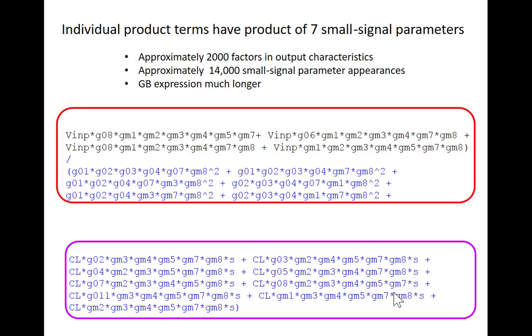The gain bandwidth product is much longer because now we have to take this gain expression and multiply it by the bandwidth. The bandwidth is another 5 or 6 pages long. So we could write that expression out in 15 or 16 pages, and we'd probably have 20,000 small signal parameters expressed here.